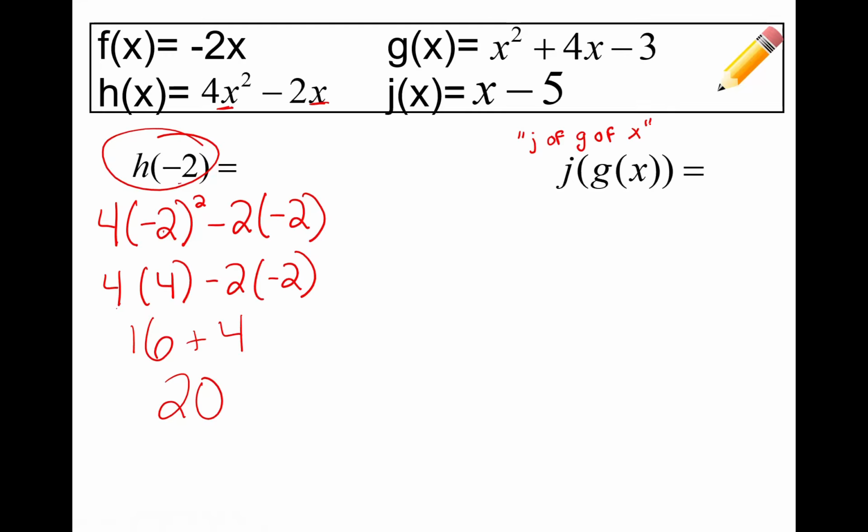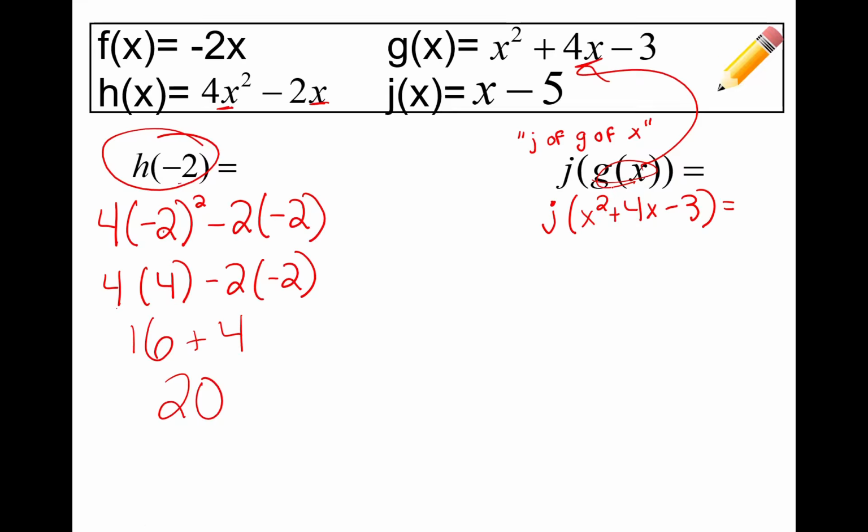So what I'm going to do is I'm going to rewrite this because this looks pretty scary right now. I'm going to put g in. So I'm going to say j of, and I'm going to replace g with its math. So x squared plus 4x minus 3, just like that. Okay, so all I've done is I've taken g, went up here, and dropped down the math.